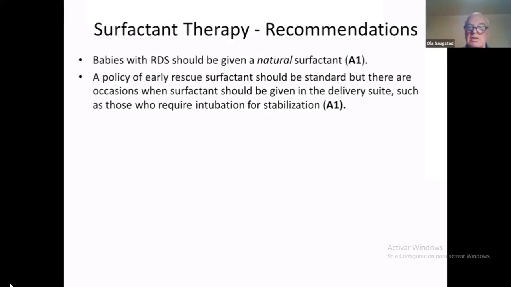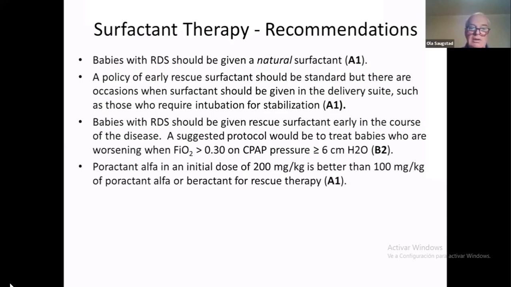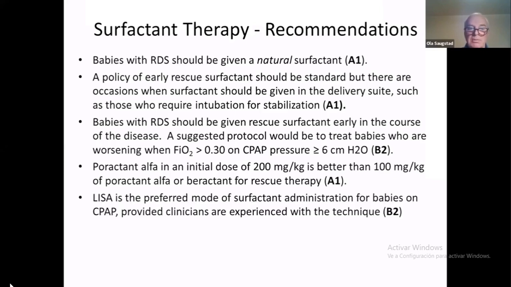So if the baby is intubated anyway, we recommend to give surfactant. Babies with RDS should be given rescue surfactant early in the course of the disease. A suggested protocol would be to treat babies who are worsening when FiO2 is above 0.30 on CPAP pressure 6 centimeter water or more. Poractant alfa in an initial dose of 200 milligram per kilo is better than 100 milligram per kilo of poractant alfa or beractant for rescue therapy.